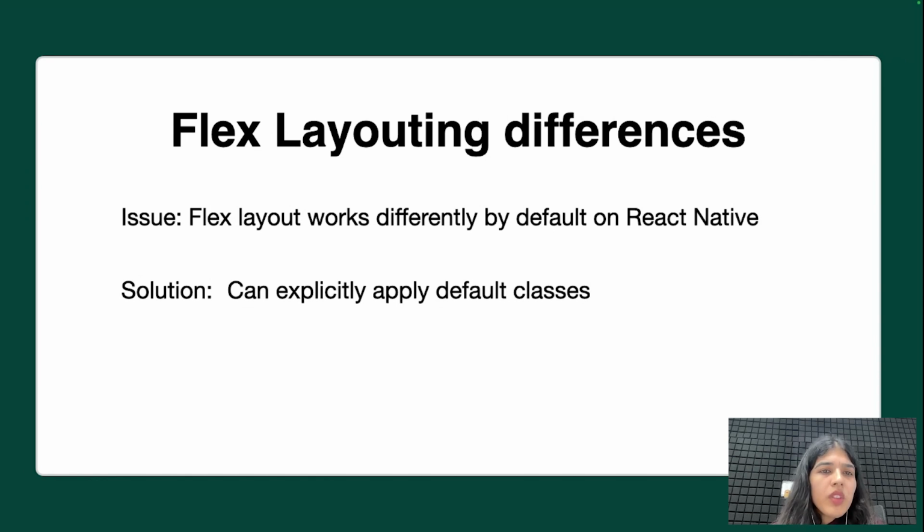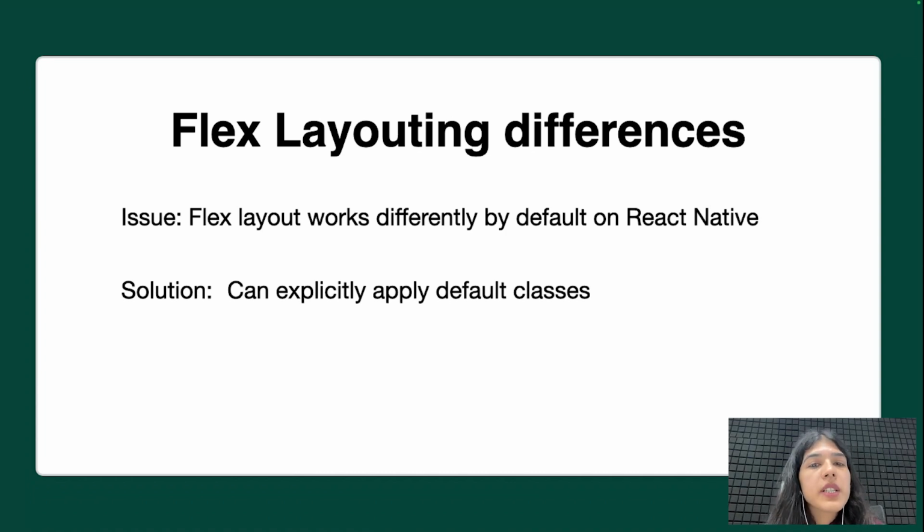On web, specifically when you use React Native Web, the flex direction is different. On mobile it is column, but on web it is row. So all those differences are also there, and while creating components using Nativewind, you'll have to take care of all these things.